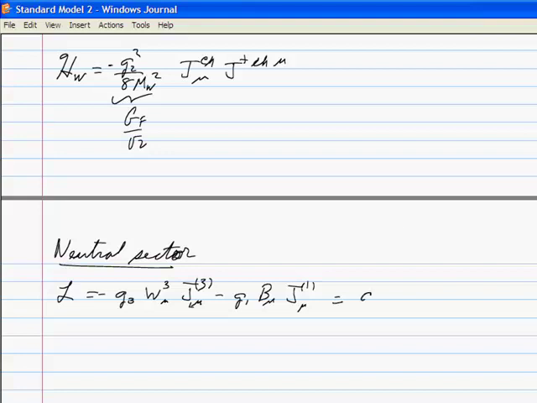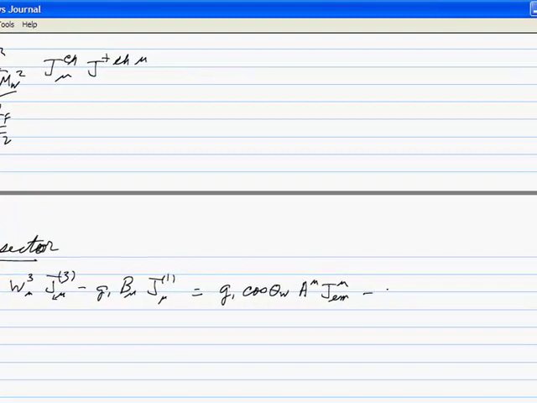It turns into g1 cosine θ_W A_μ times the current that we'll call the electromagnetic current, minus g2 over 2 cosine θ_W Z_μ times what we'll call the neutral current.